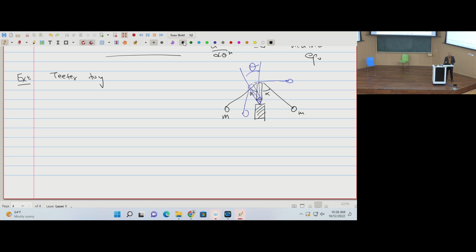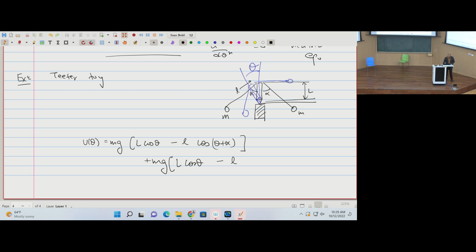So let's write that. I'm writing it from this reference of the pivot. This is one mass. Capital L, I didn't tell you, so this is the length.